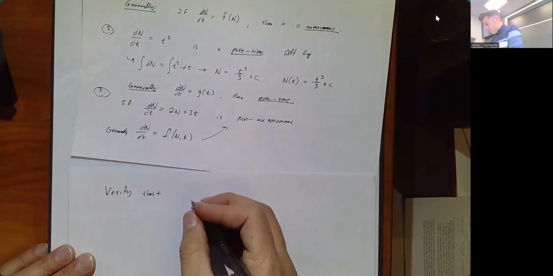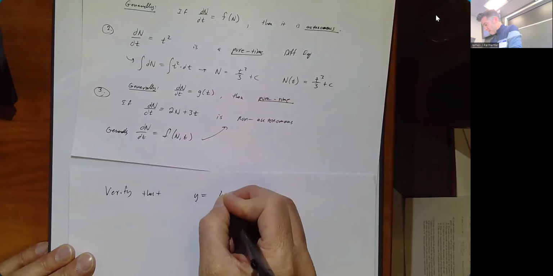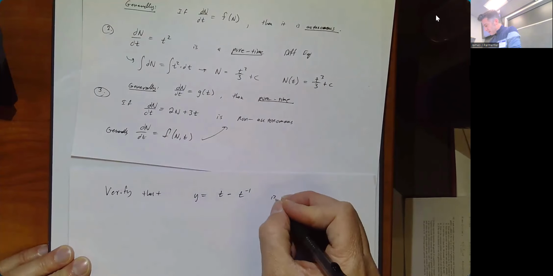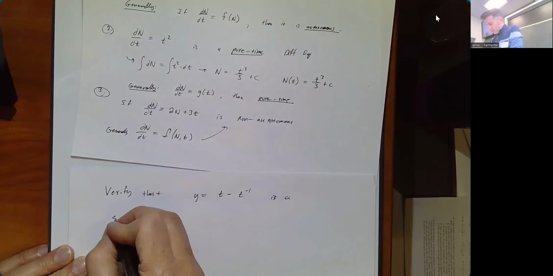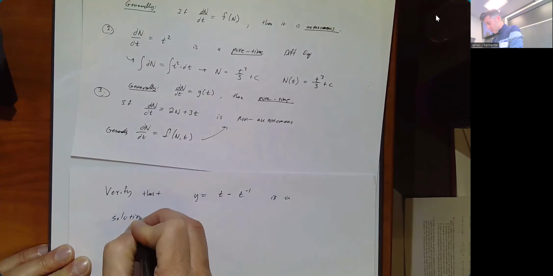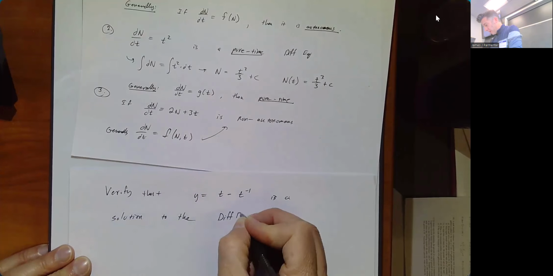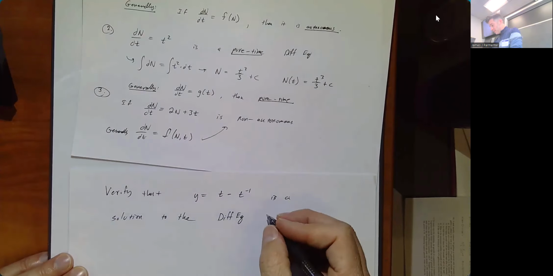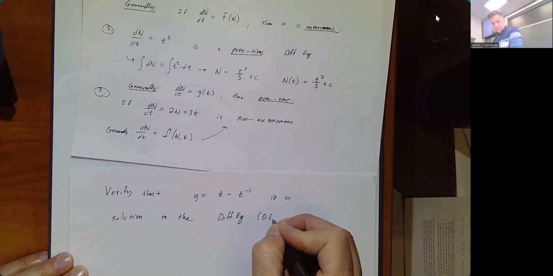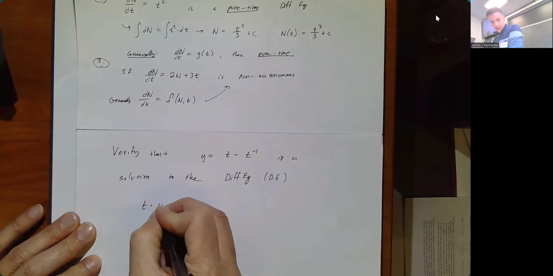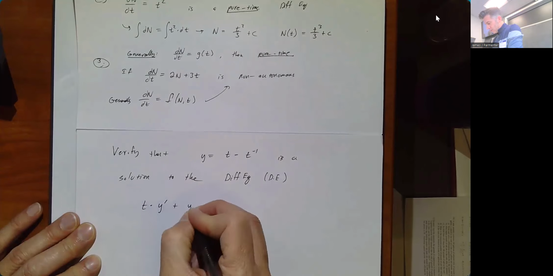Okay. So verify that y equal to t minus t to the negative first is a solution to the differential equation, which often gets abbreviated like this, or just as DE: t times y prime plus y equal to 2 times t.